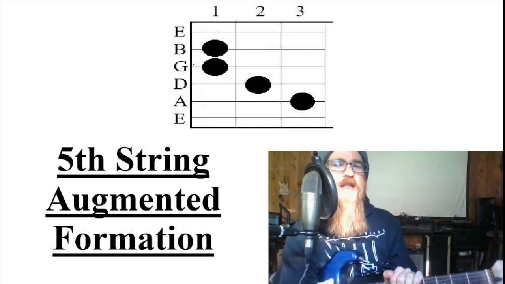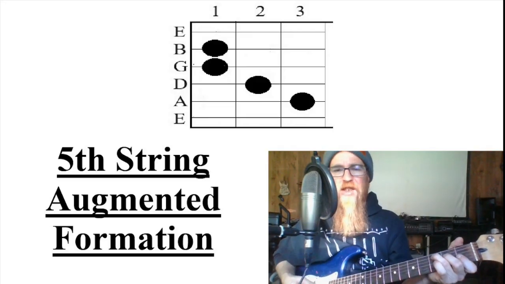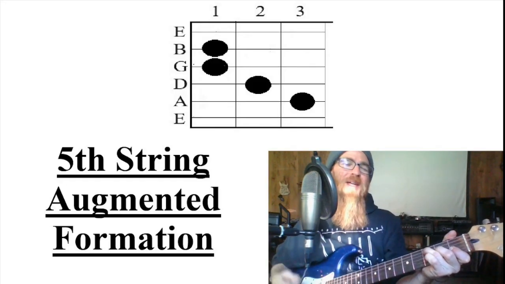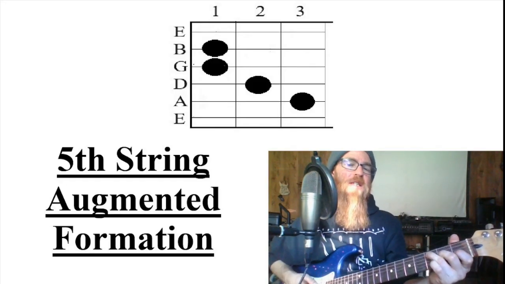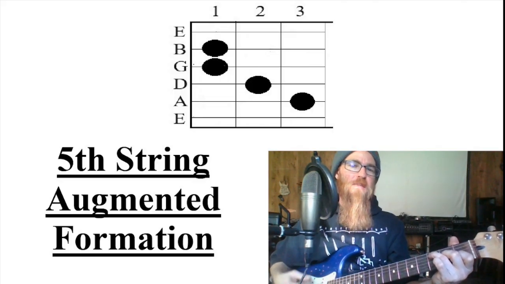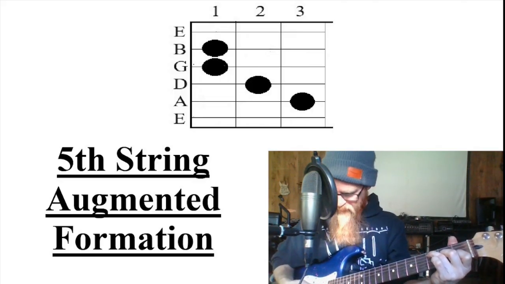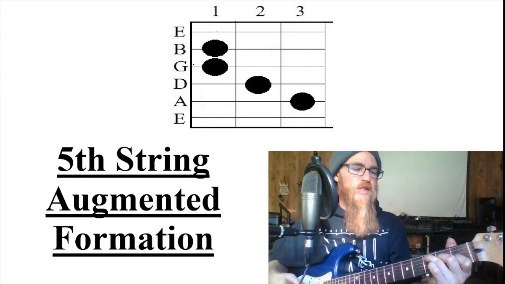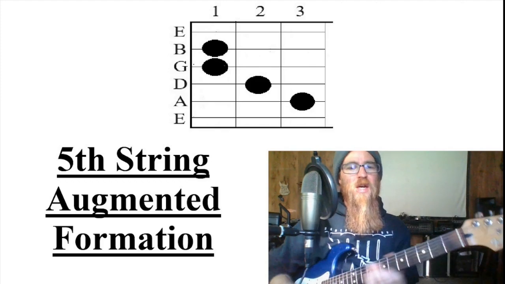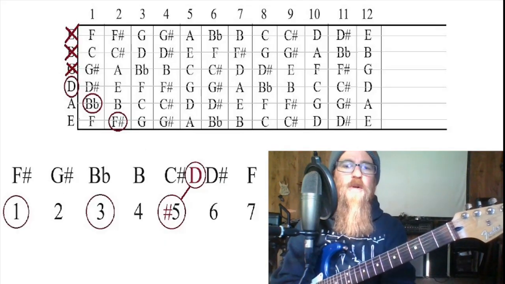And you don't even technically have to play, if you're playing a C augmented, you don't even have to play the note on the 2nd string. You can just play those 3 notes from 5 to 3, and it's still a 5th string augmented chord.